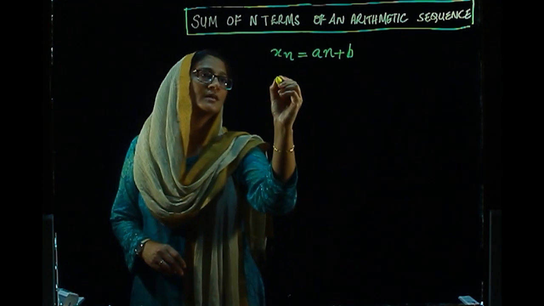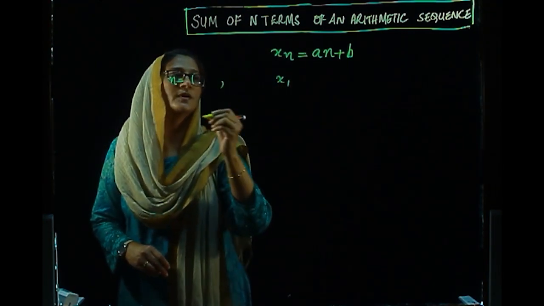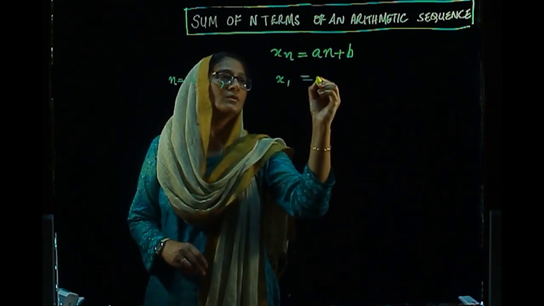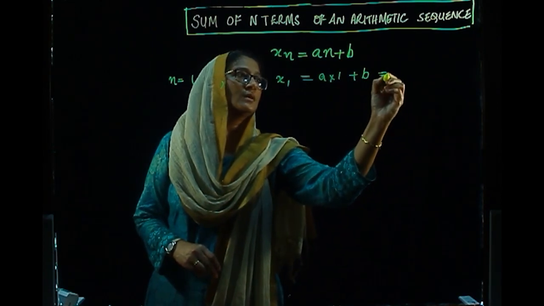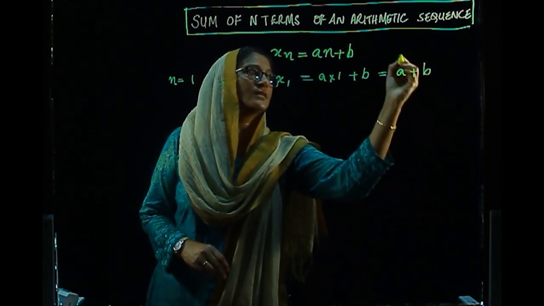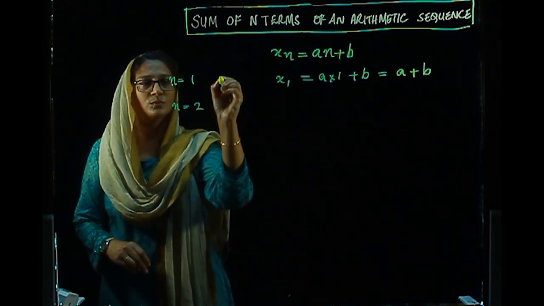Suppose I want to find x1. I have to put n is equal to 1, and that is equal to a into 1 plus b, which gives me a plus b. So our first term is a plus b. Next, let's try n is equal to 2.